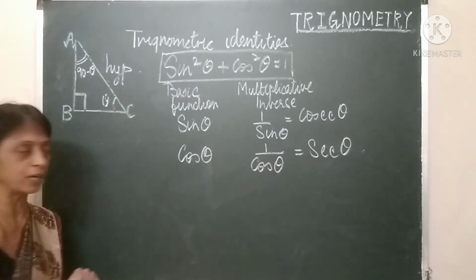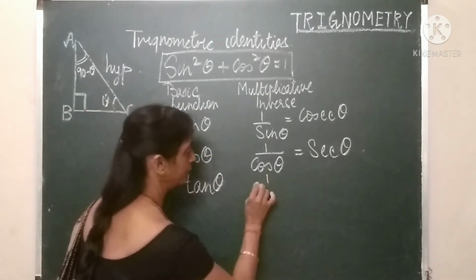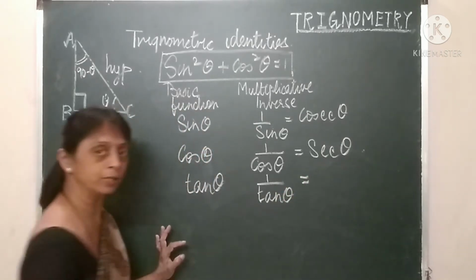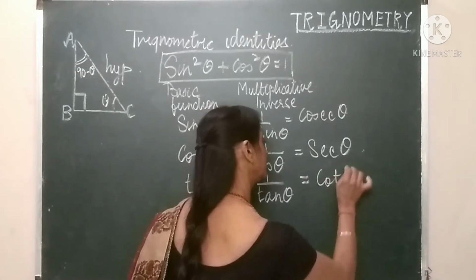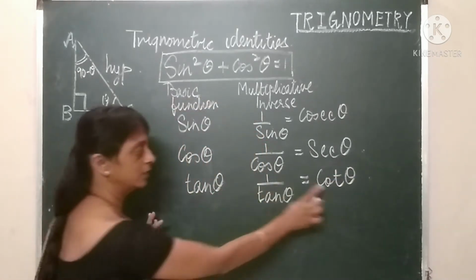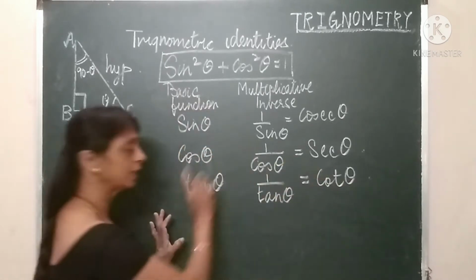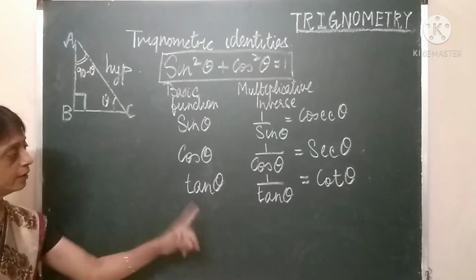The third basic function was tan theta. Its reciprocal is 1 upon tan theta, which was written as cot theta. That means the inverse of tan is cot, or the multiplicative inverse of cot is tan. Both ways you can write down the reference.